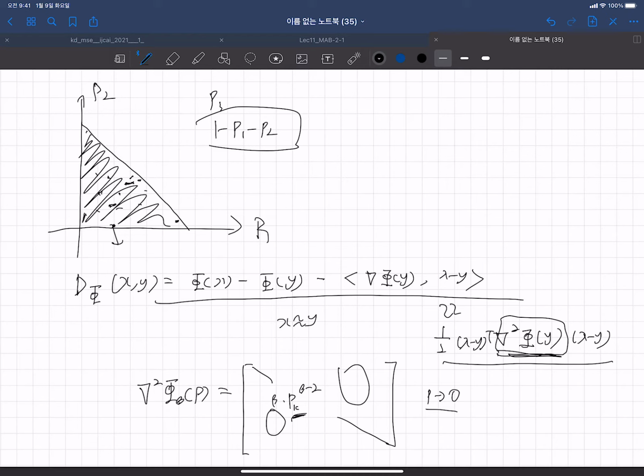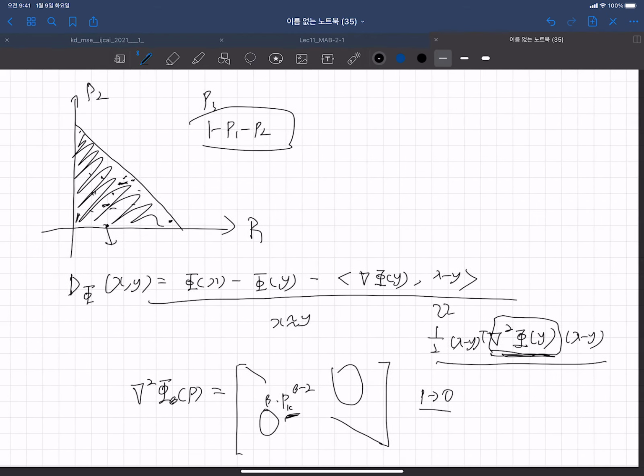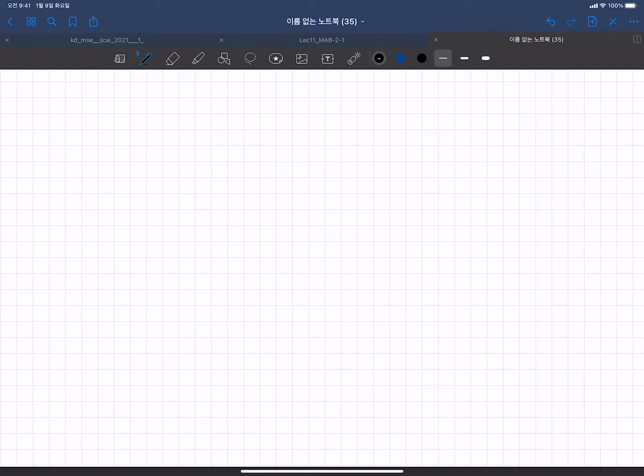Okay, let's look at this from another view. Let's think the step size eta is very close to 0, and so let's consider a very continuous model. Right.